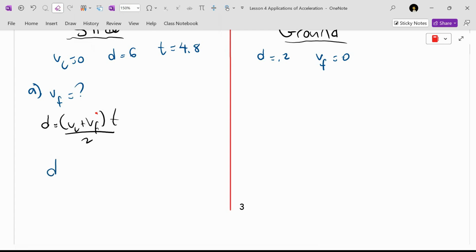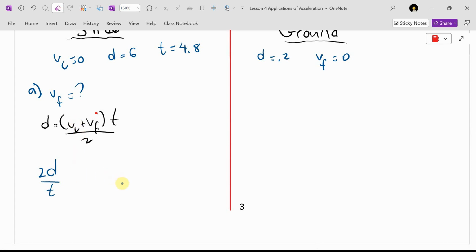Now what? Do outside the brackets. Ignore inside. What's that T doing to the bracket? So, yep. What's that 2 doing to the bracket? So, yep. We've taken care of that. Then the VI plus VF would drop down on the other side of the equal sign.